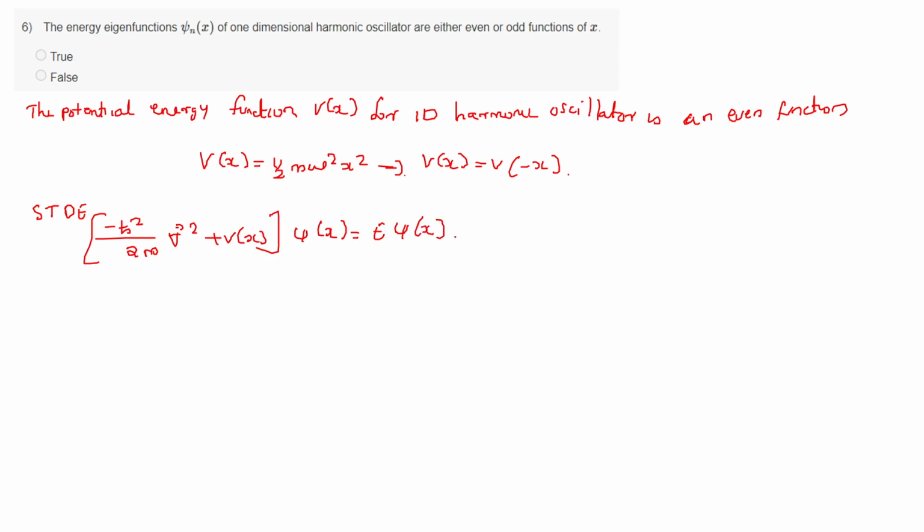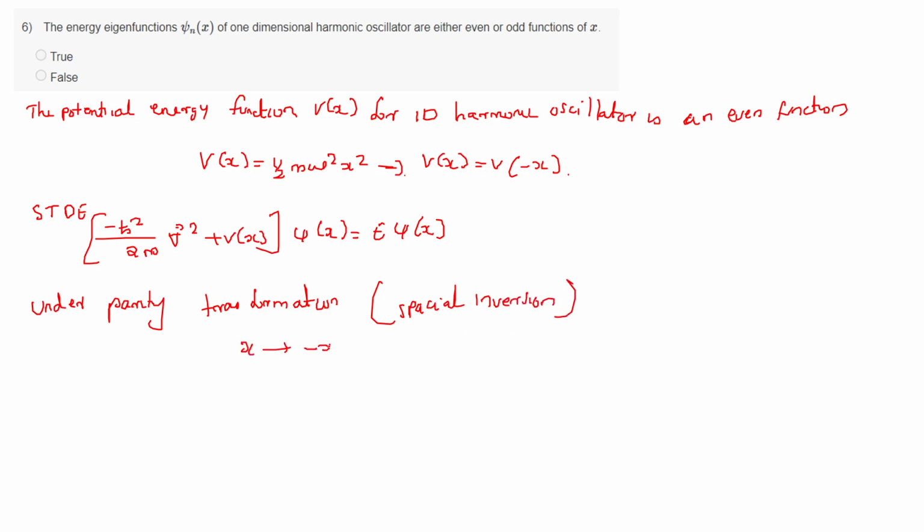so under parity transformation, nothing but a spatial inversion, what can we write? x changes to minus x.